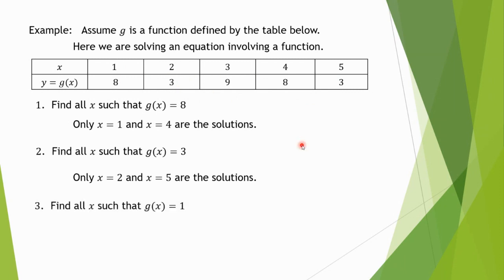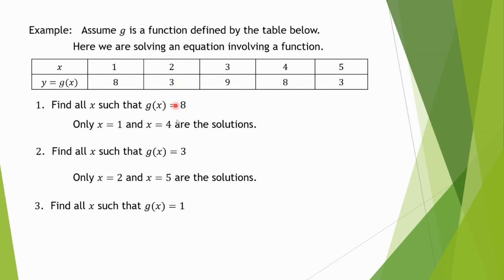So here's another one. We want all x, so that g of x is 1. But notice that 1 is never a y value. See? 1 is never a y value. So what does that tell us?